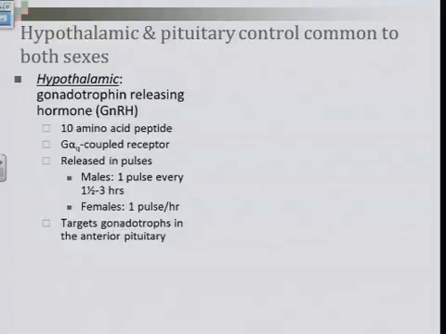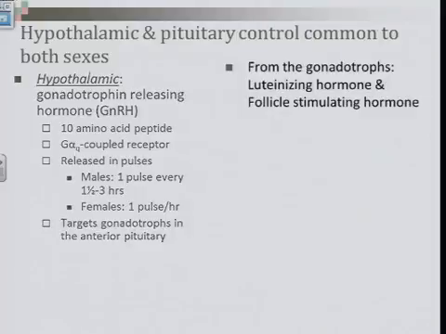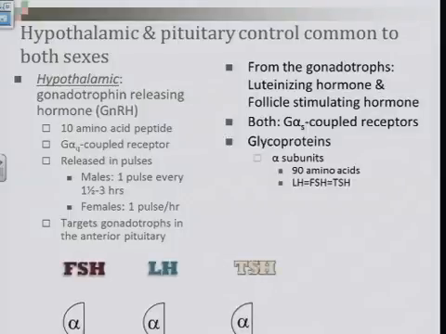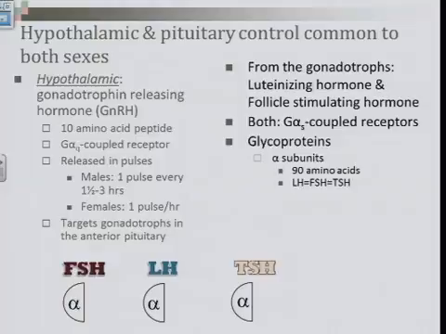Gonadotropin-releasing hormone targets the gonadotroph cells in the anterior pituitary. From the gonadotroph cells come two hormones, collectively known as gonadotropes: luteinizing hormone and follicle-stimulating hormone. They both bind to G-alpha S coupled receptors. They are glycoprotein hormones. They contain a common alpha subunit of 90 amino acids.